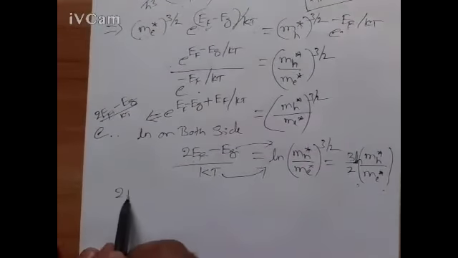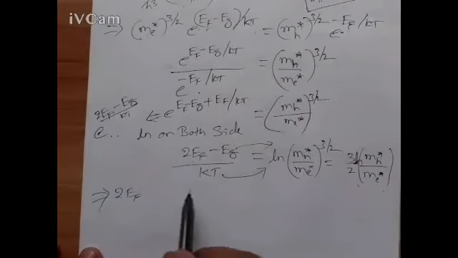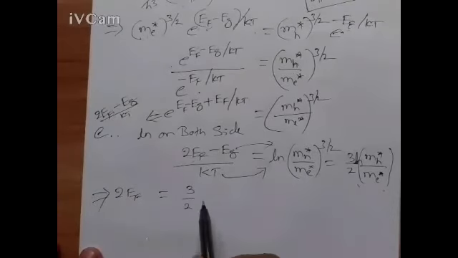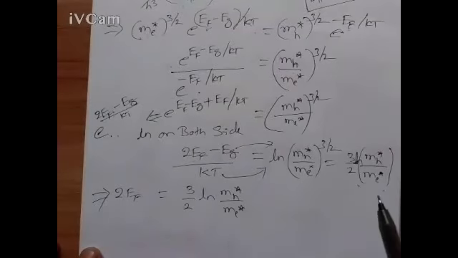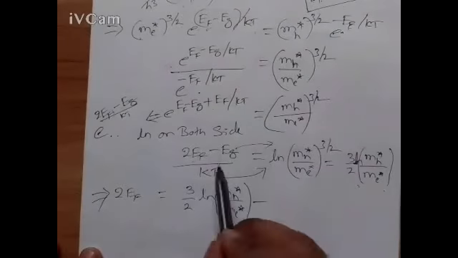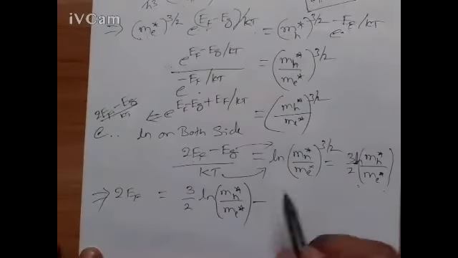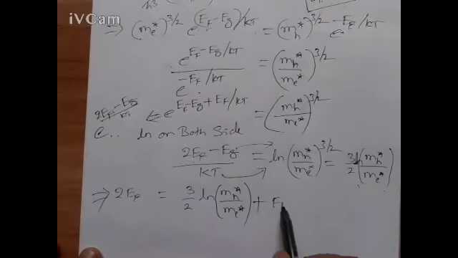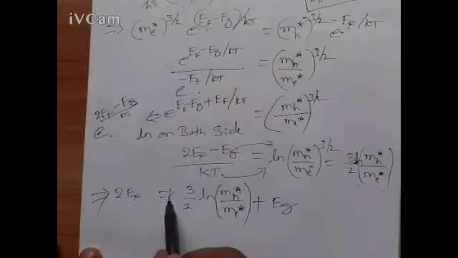So this is 2EF is equal to 3 by 2 ln of mh star divided by me star, then minus Eg, I'll take to the right hand side, it will be plus Eg. First we should take this kT, so kT will be here.